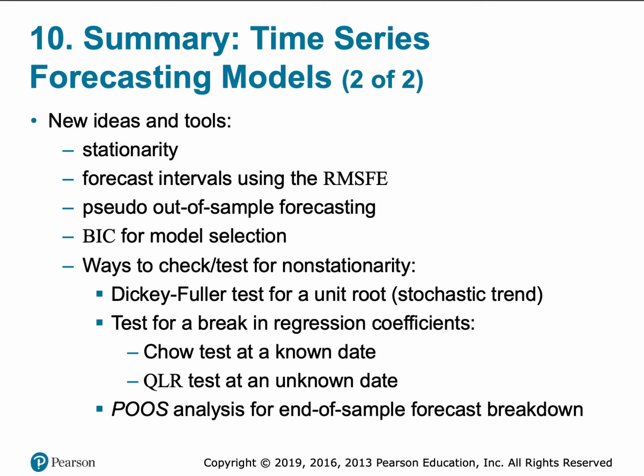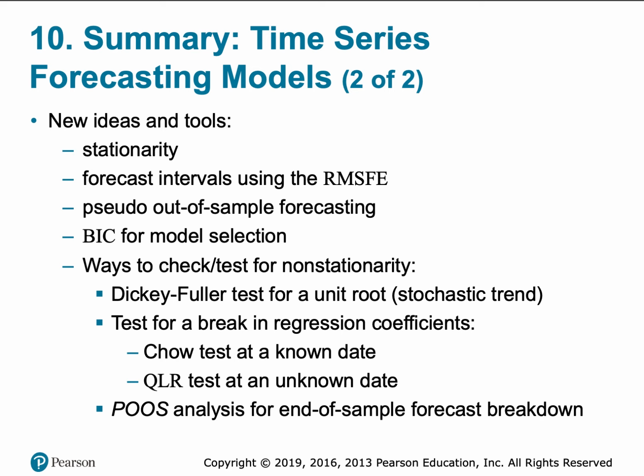We looked at stationarity, which is the idea that the probability distribution of Y is constant over time, so the variances, expected values, skewness, and kurtosis are constant over time, so that the model using historical data can be used to predict current and future values.